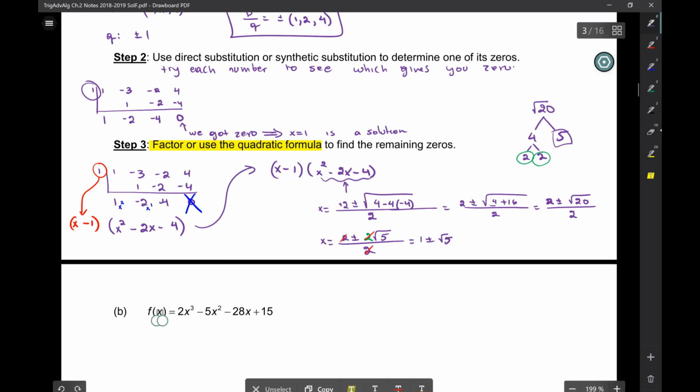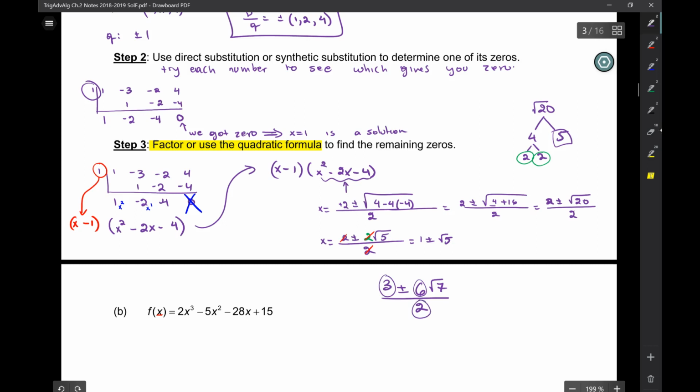So basically, if you had something like 3 plus or minus 2 root 7 over 2, is there a number that you could divide all 3 of these by? No, then you leave it. But now, if it was like this, look, you have the 3, the 6, and the 2.